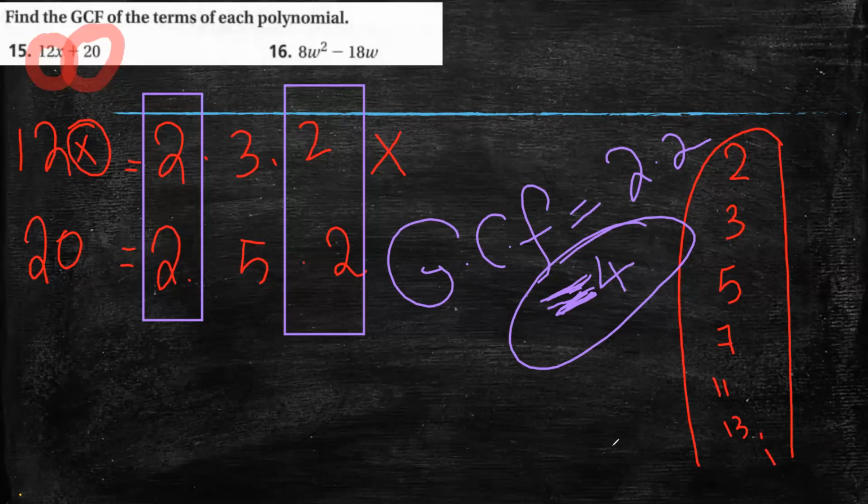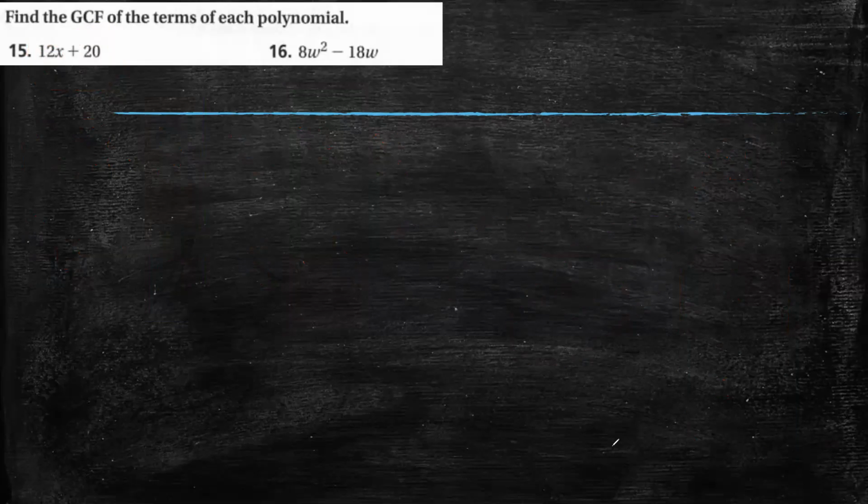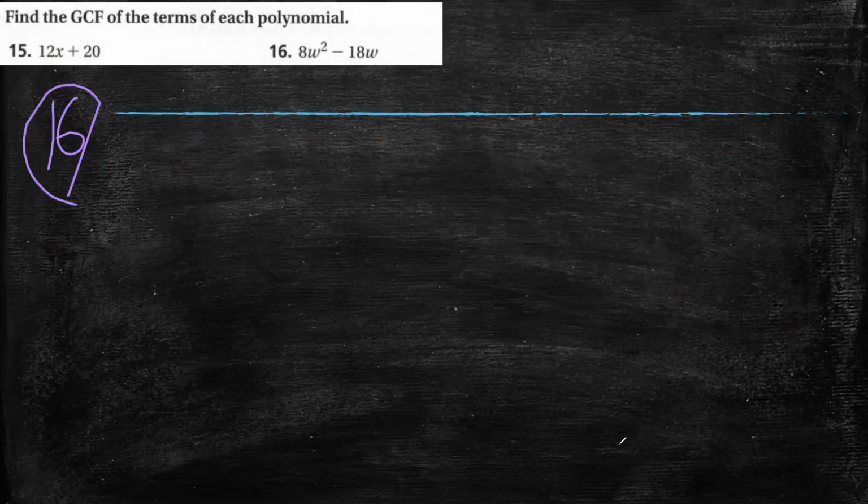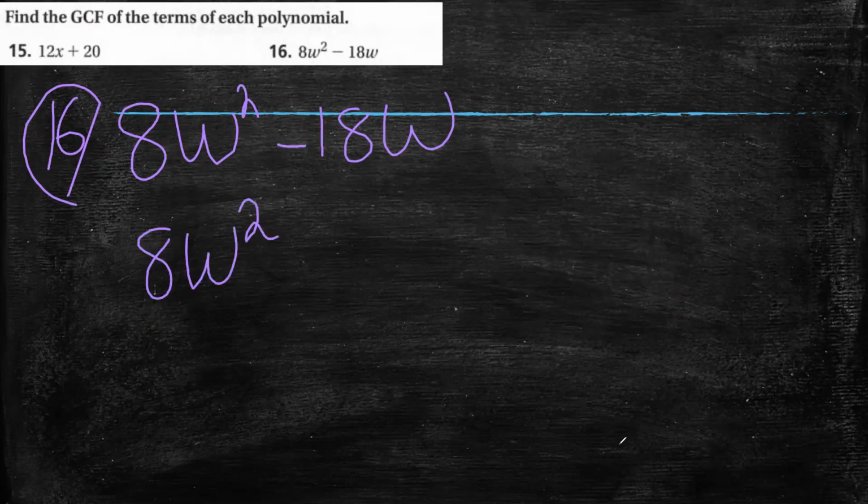Let's solve now number 16. In number 16, here we have 8w squared minus 18w. So I want now to factorize each term.